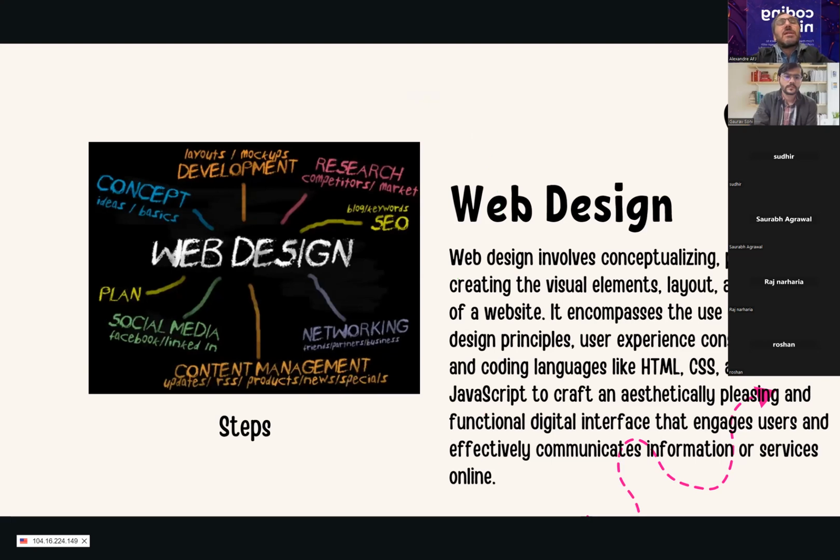So you have to respect what Google asks to be at the top of the results. Networking and content management are very important. Google is very careful with the content and the quality of the web page. And social media, of course, is very important, to have a link that is sent to social media. This is called the web design. There are a lot of various jobs that involve this part of the web.